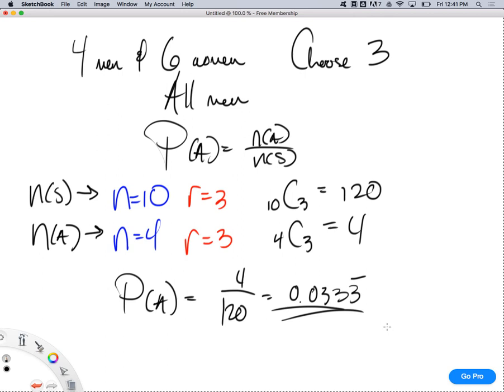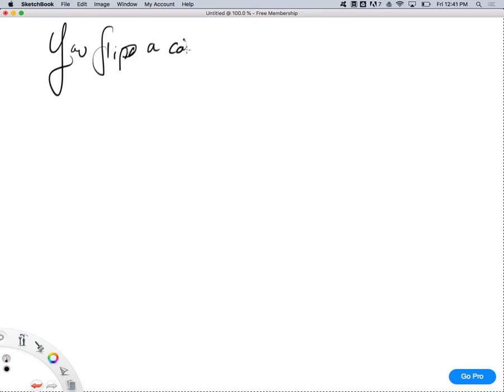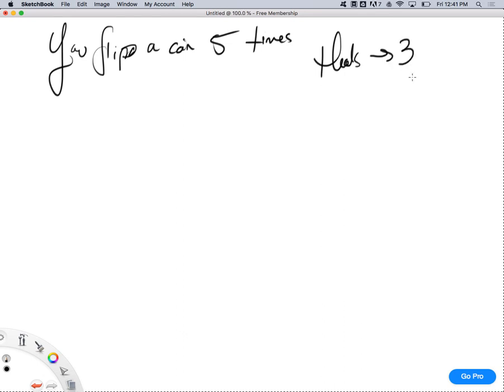Then after that, we get into the coin flipping thing. All right? So you flip a coin 5 times. You're interested in landing on heads. What's the probability that it lands on heads 3 times?